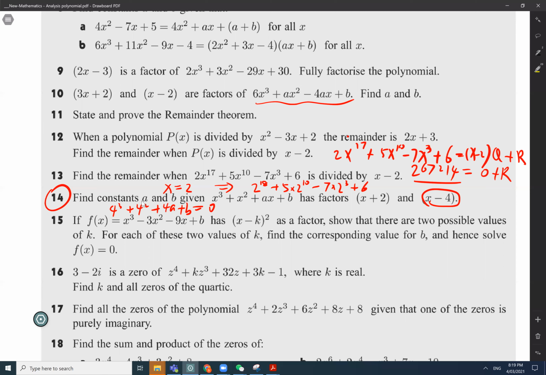The other one, we need to substitute negative 2 into x.